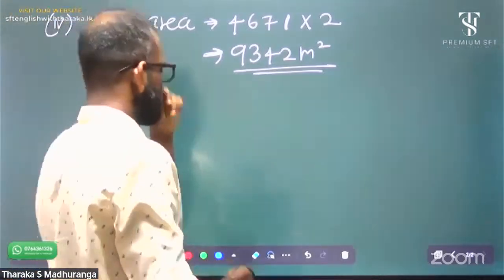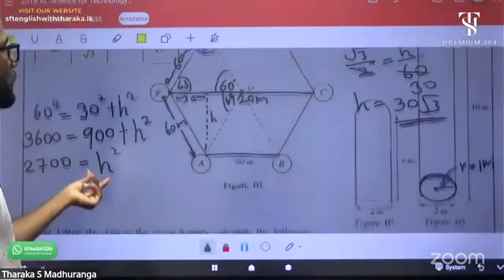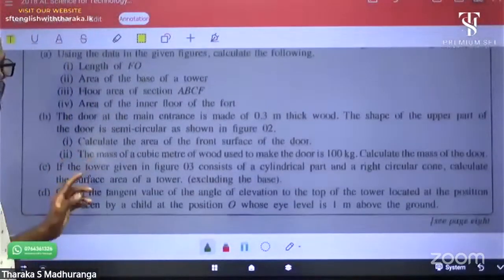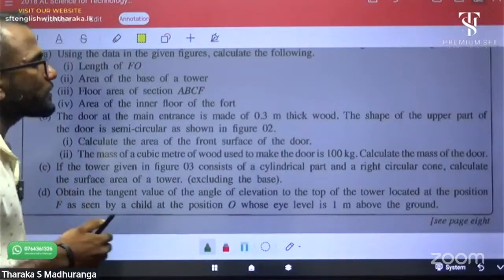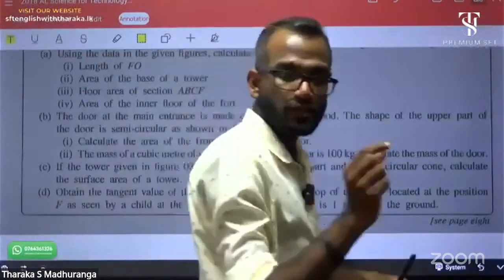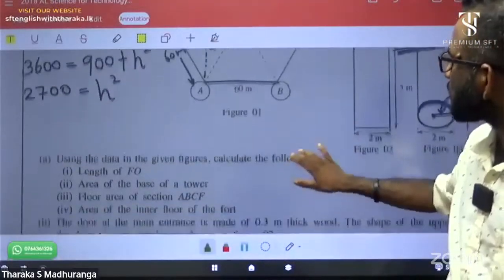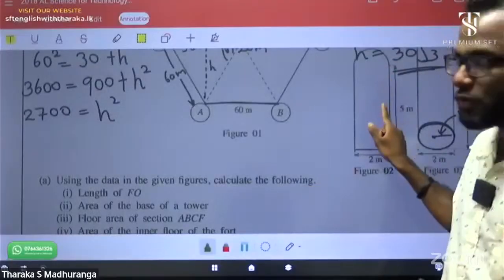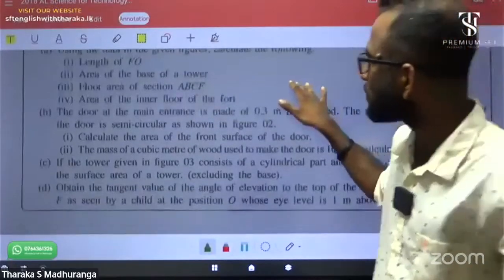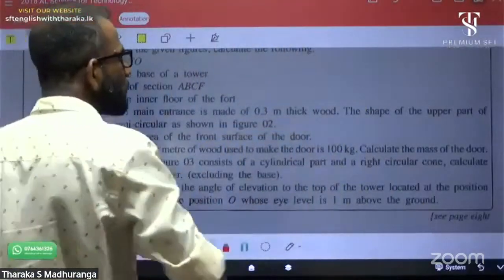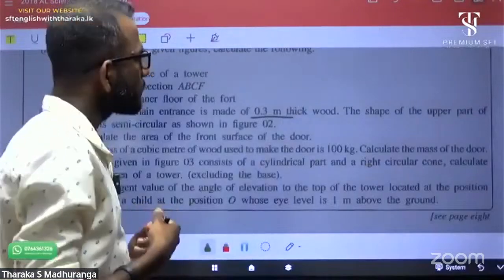Okay. Now, let's move into B part. The door of the main entrance is made of 0.3 meter thick wood. The door of the main entrance means figure 2, the main door. 0.3 meter thickness means 30 centimeter thickness, right?